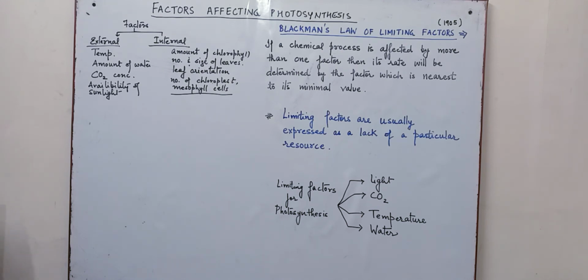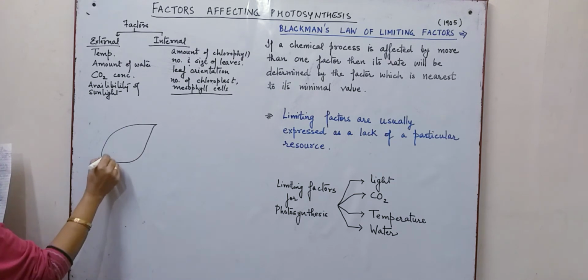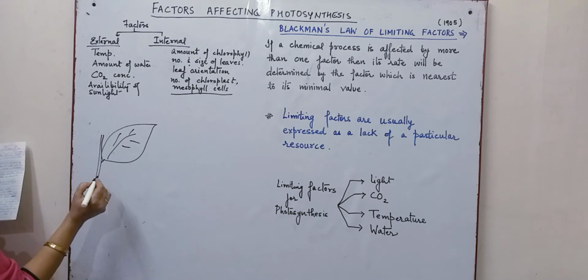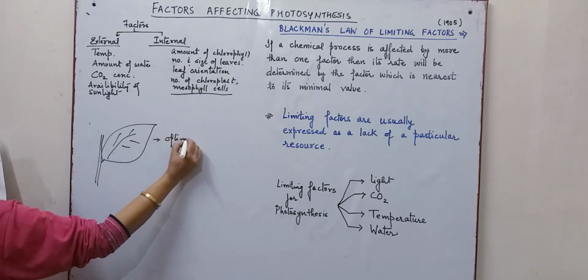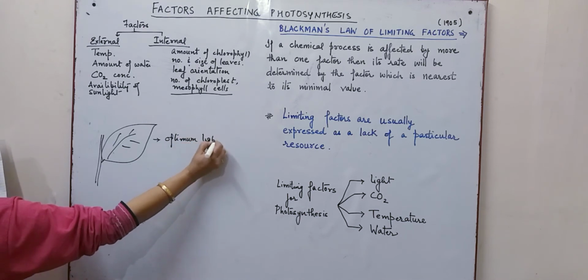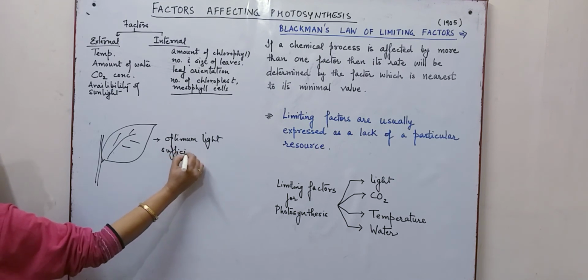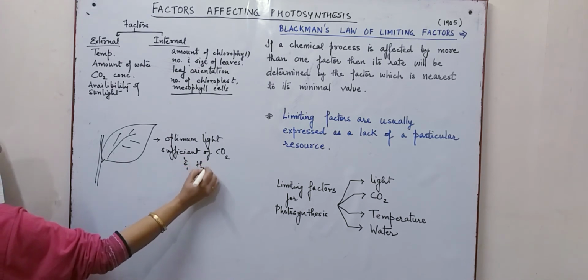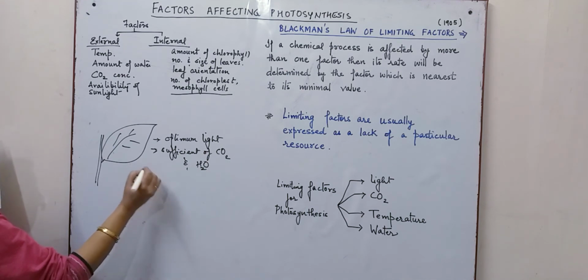Now we can also understand this by an example. Suppose a plant leaf is exposed to optimum light, with a sufficient amount of CO2 and water, which again is a requirement for photosynthesis.